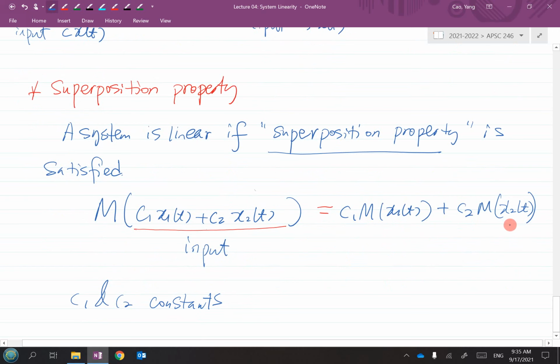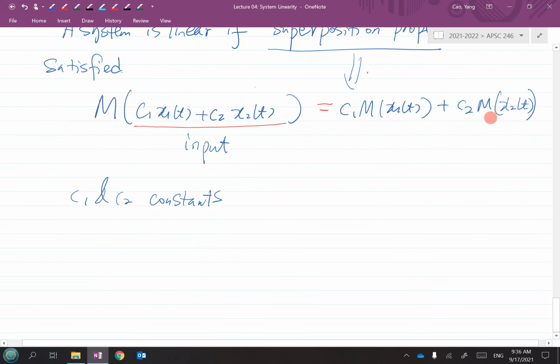As long as this is satisfied, that is the superposition property. And if you check this is satisfied, then a system is linear. Any question on this superposition property? You can clearly tell it's a combination of both the additive and the homogeneous property. Okay. Good. Okay, enough of the writing here.